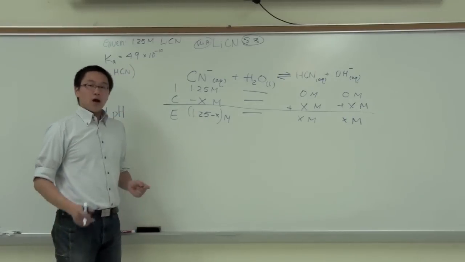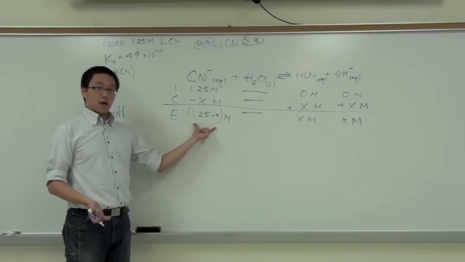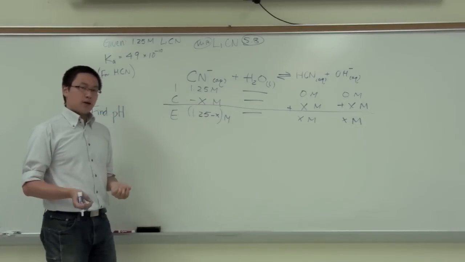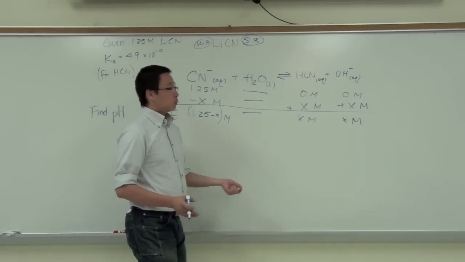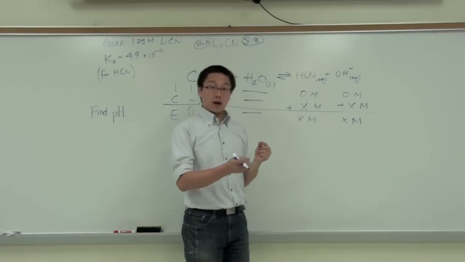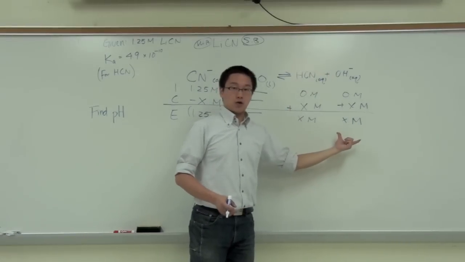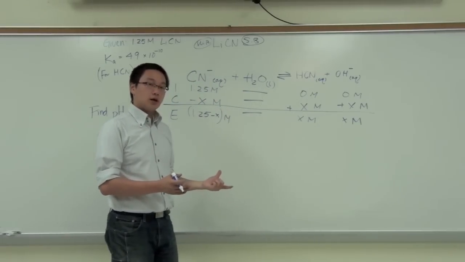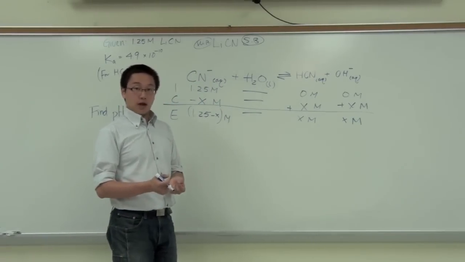Now, we have the equilibrium concentrations with the unknown. In order to find the pH, you should realize that we don't have the hydrogen ion or hydronium ion to find the pH directly. We have hydroxide ion here. So what we need to do is find the pOH, and then we find the pH.